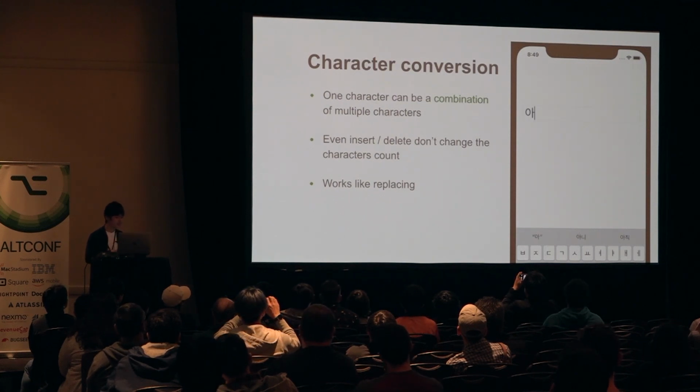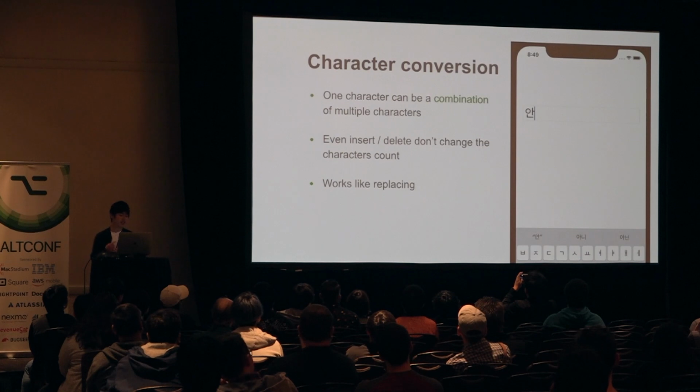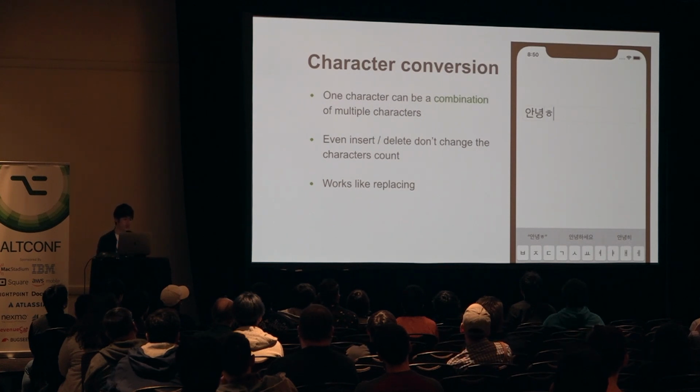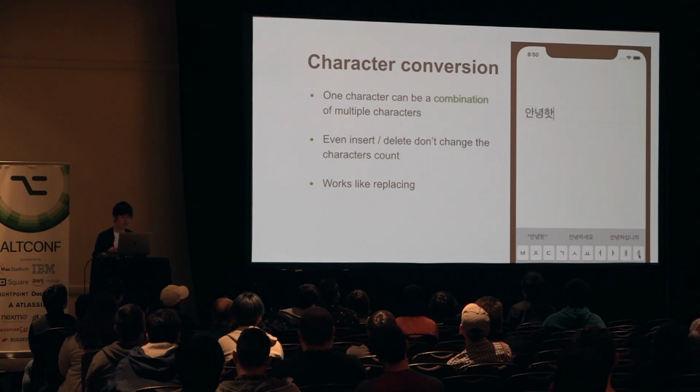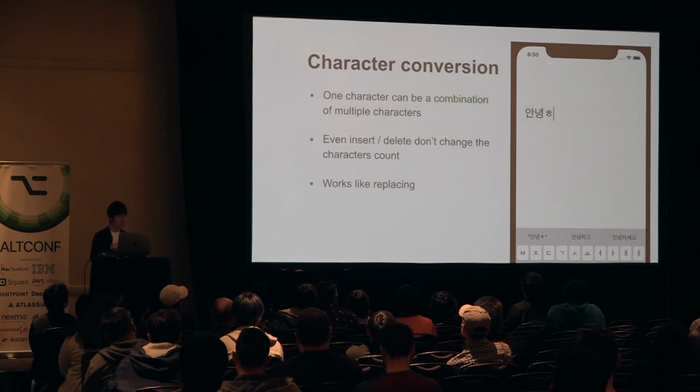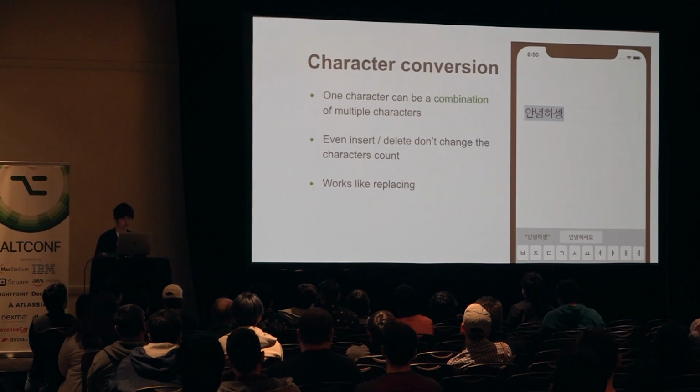As you can see, a character can be a combination of multiple characters. Even if we insert or delete a character, the original character is replaced by the combination. The previous code will block inputting once the character count reaches the limit. But we have to allow the combination even if the count is at the limit.